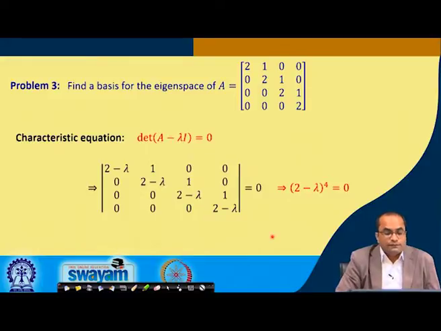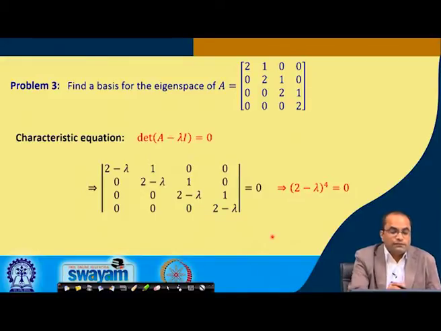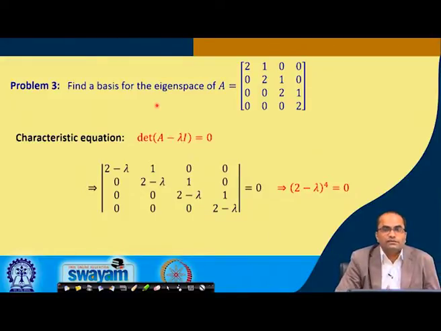Now we want to compute the eigenspace, meaning the set of all eigenvectors, and when we include 0 also, that is called the eigenspace corresponding to the given eigenvalue. So, here the eigenvalue is 2, which is repeated 4 times.